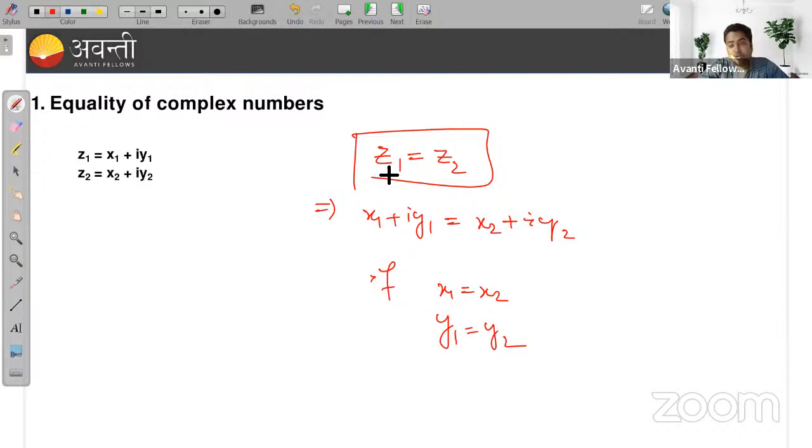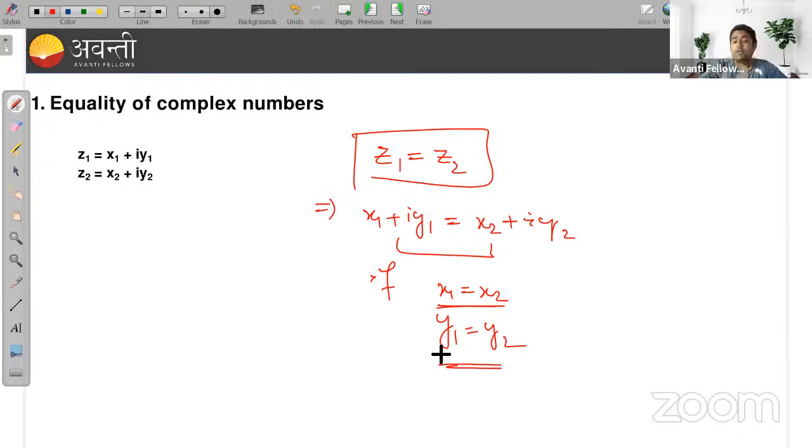Conversely, if Z1 is equal to Z2, then by solving we get x1 is equal to x2 and y1 is equal to y2. Very simple things.